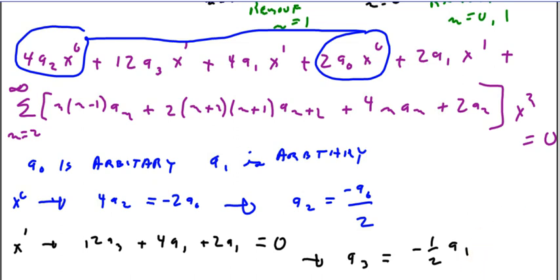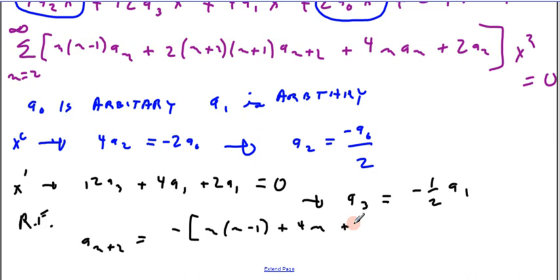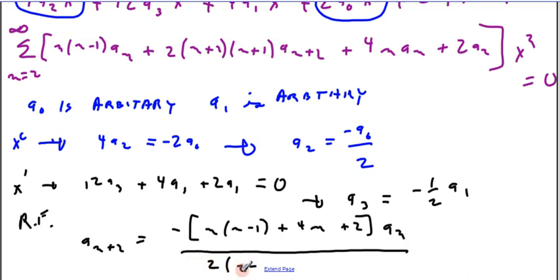Okay, now we have a recurrence formula. My recurrence formula says that a(n plus 2) is equal to minus (n minus 1) plus 4n plus 2, an, divided by 2(n plus 2)(n plus 1).